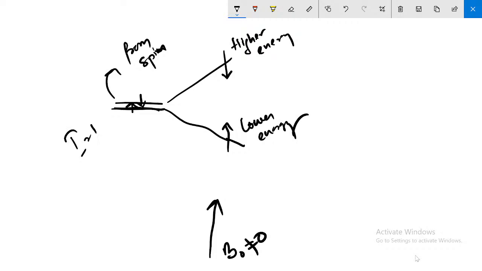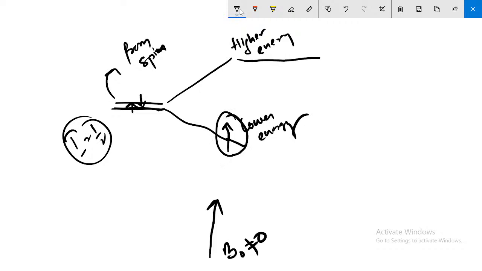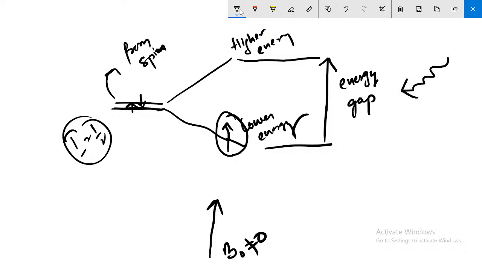As the I value is only half, there is only one particle. We are talking about one particle, so one particle will either remain in lower energy or in higher energy. Let's suppose it is present in the lower energy, and this is the energy gap that has been created. This gap will be covered by the absorption of energy.